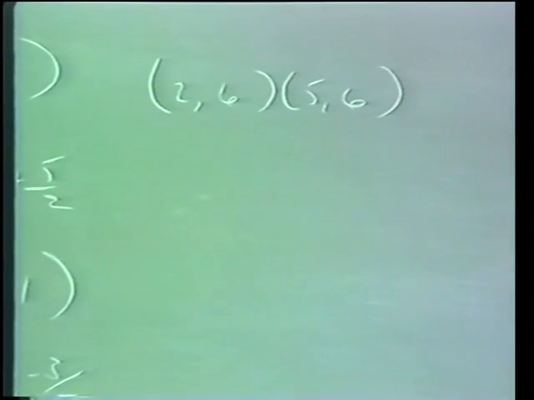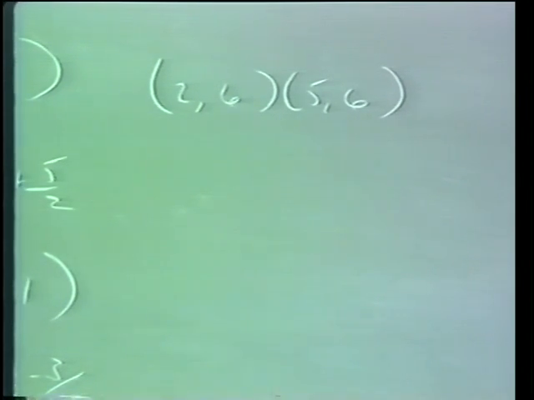Two points. 2, 6, 5, 6. You have a line. I'd like you to find the slope of that line.